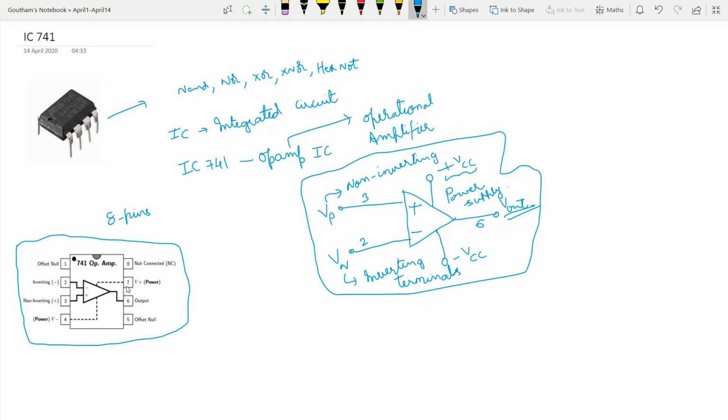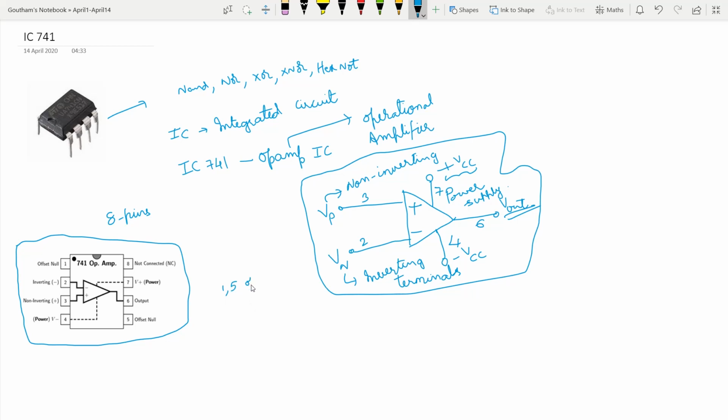We have also discussed plus VCC and minus VCC. Pin number 7 is your plus VCC, and pin number 4 is your minus VCC. That leaves us with pins 1, 5 and 8. Pins 1 and 5 are called offset null.